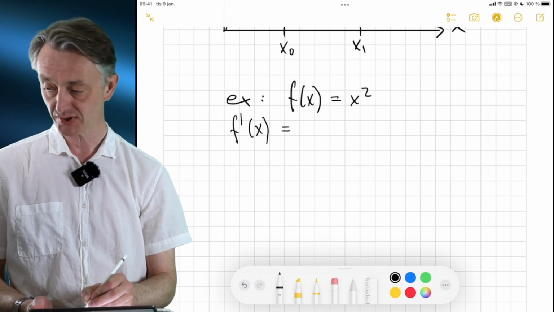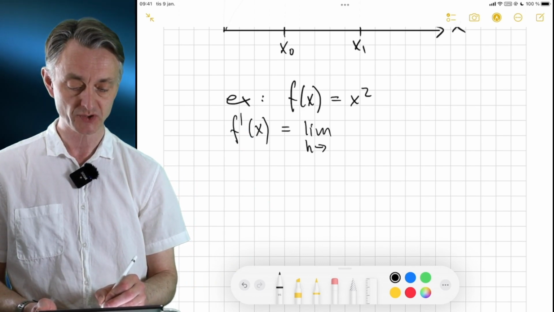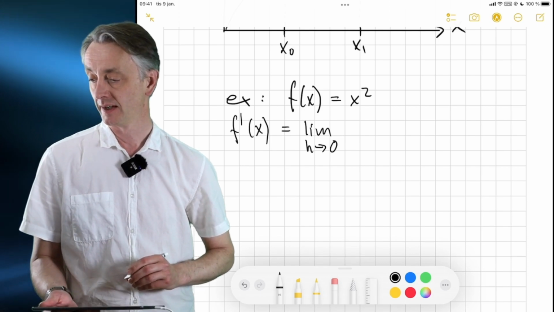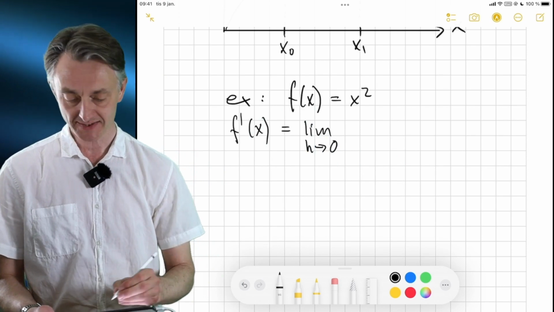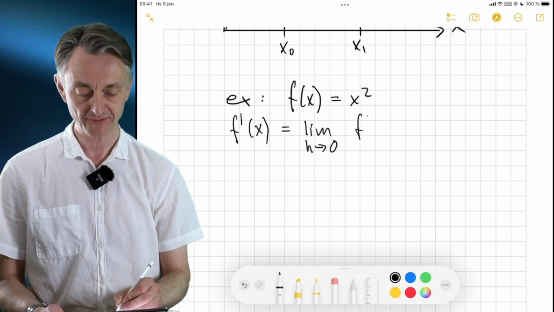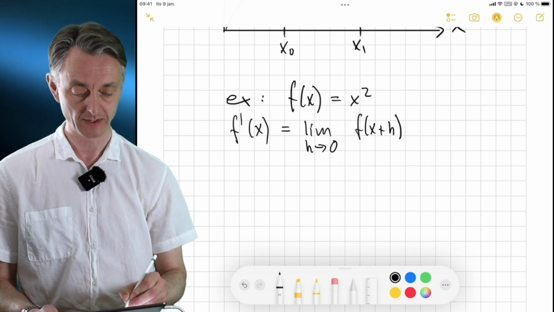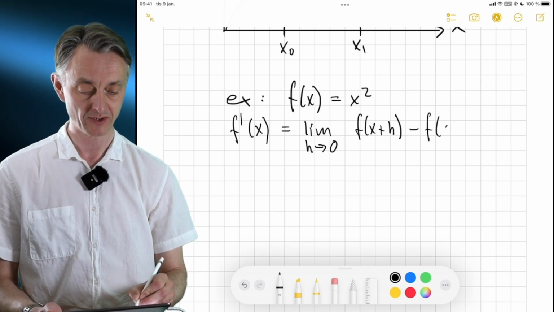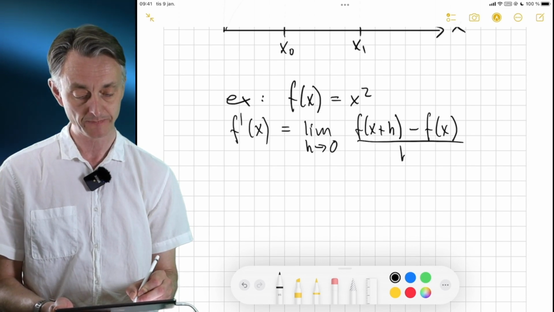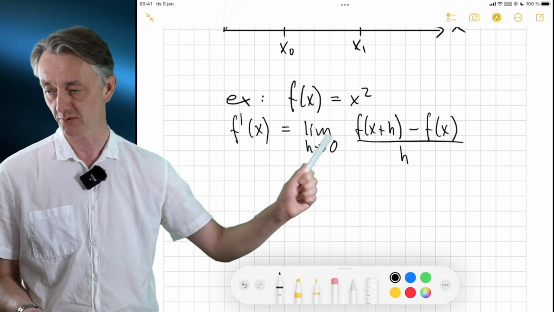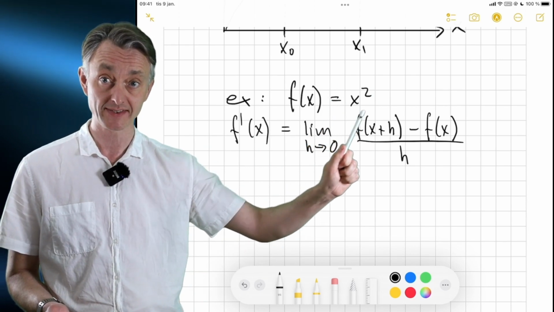That is then equal to the limit when h approaches 0. And then we write up the Newton quotient, which is f of x plus h minus f of x divided by h. We know this from before. But now we have an explicit functional form, x squared.